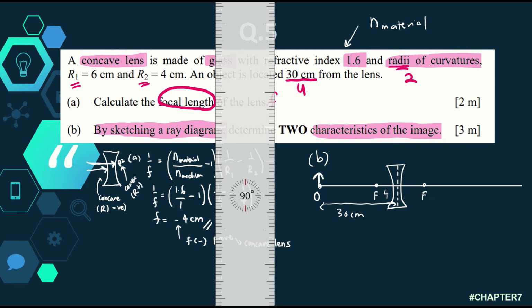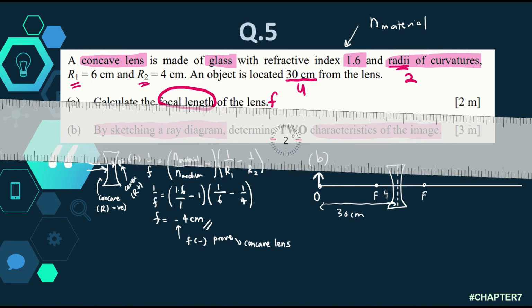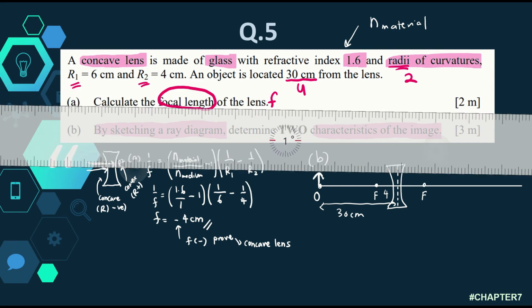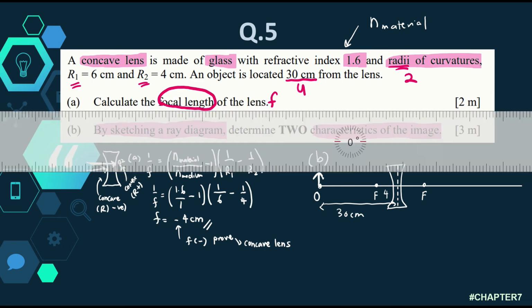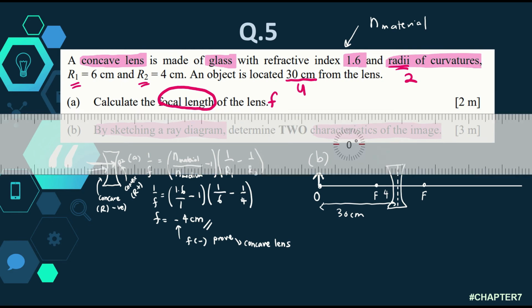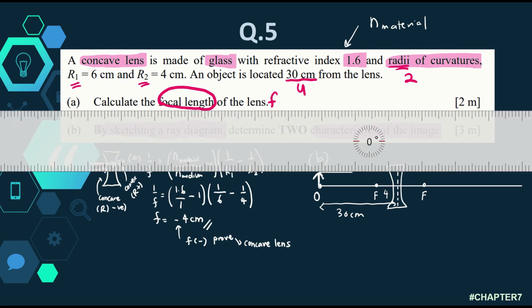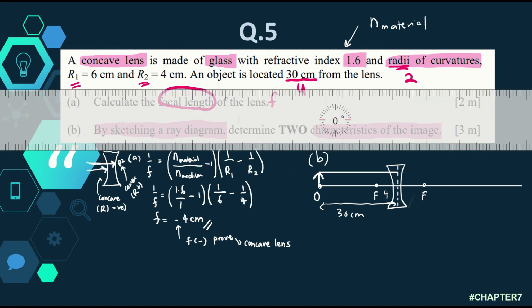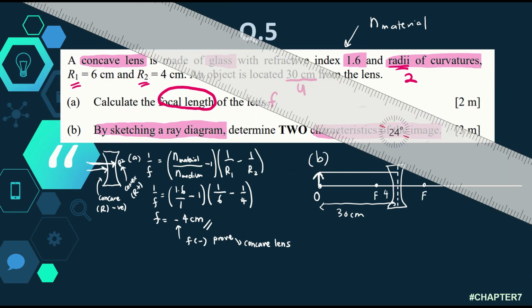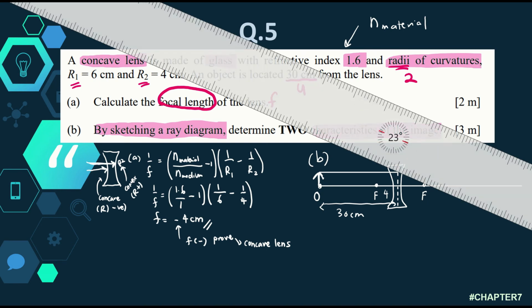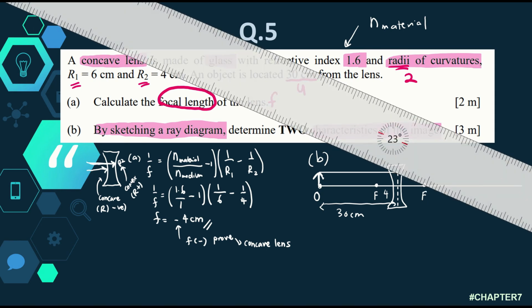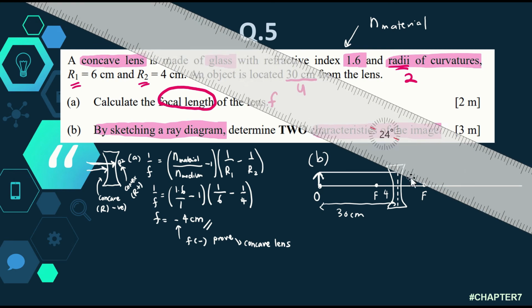What we do here is we have two possible rays. First, the ray will go straight, parallel to the principal axis. Then it will be refracted as if through the focal point at the back of the lens.